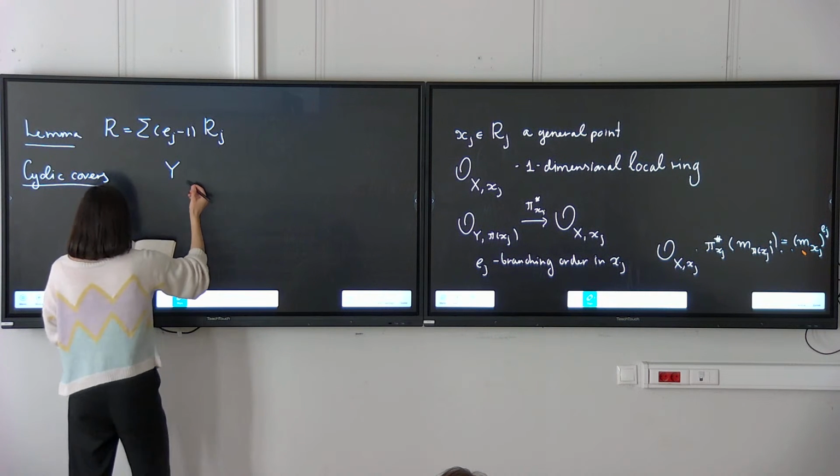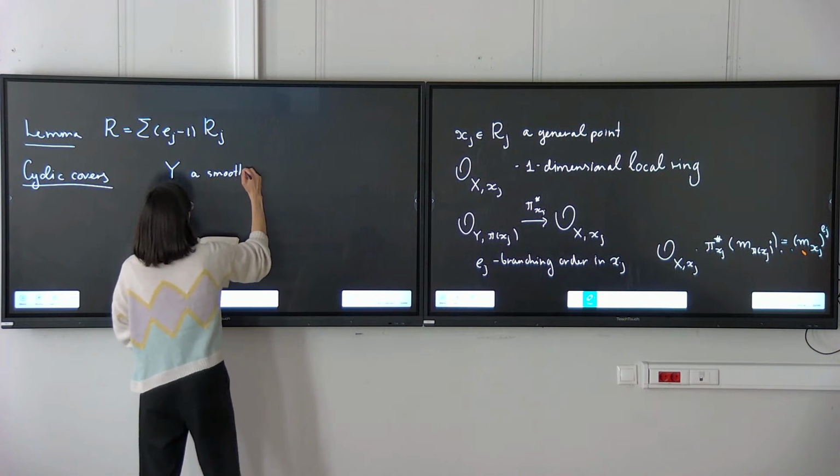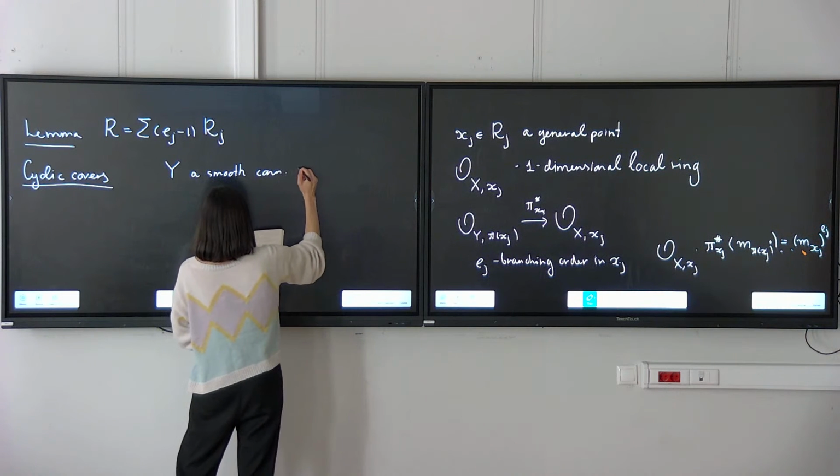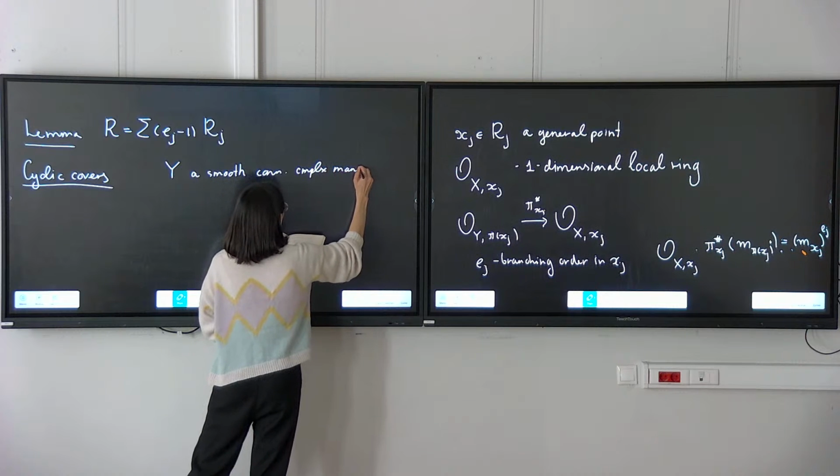So we had a smooth connected complex manifold.